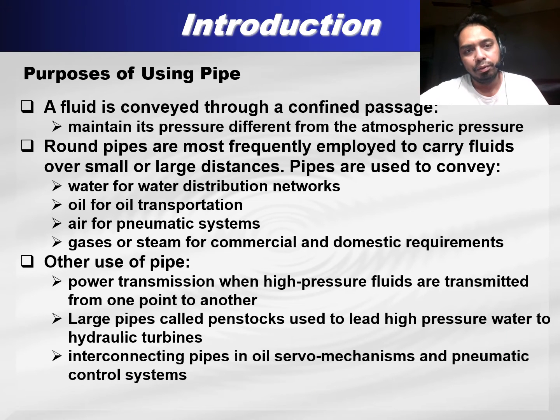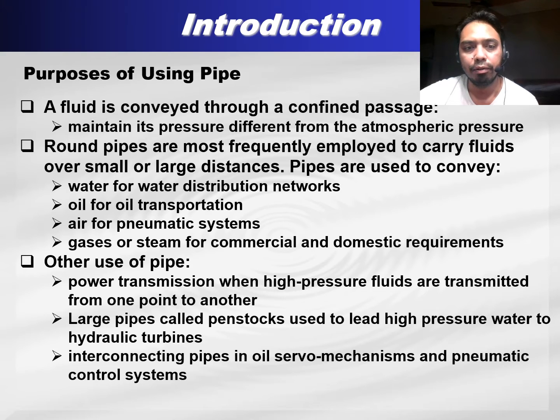So the purpose of using pipe is to convey fluid through a confined passage, and then it maintains its pressure different from the atmospheric pressure. So it can be higher than atmospheric pressure, or it can be lower than atmospheric pressure. Pipes are most frequently employed to carry fluids over small or large distances.